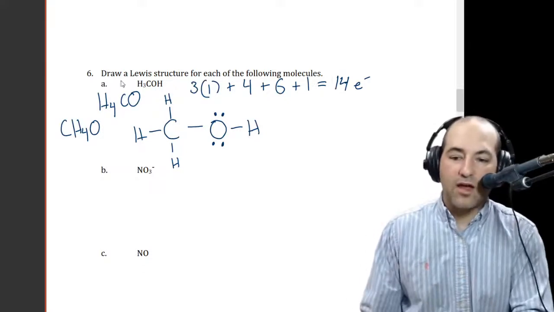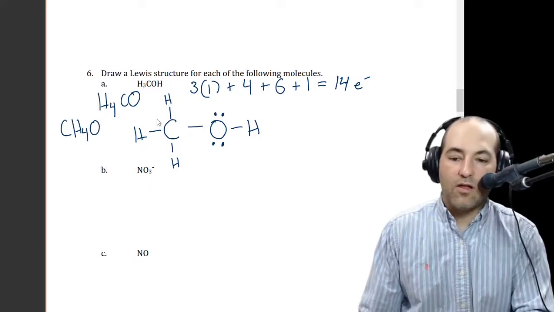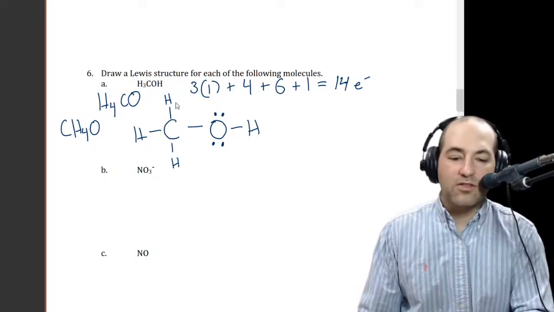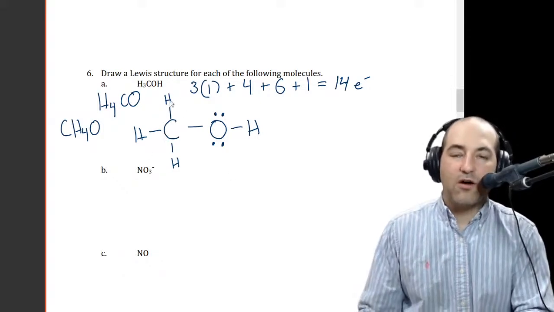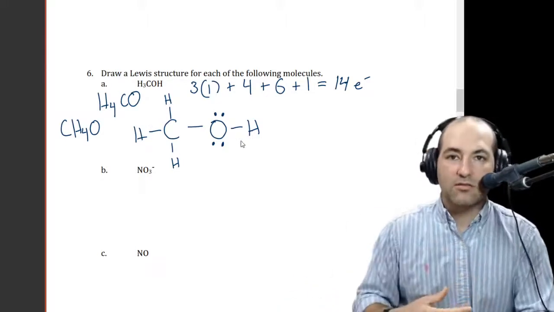So I just put the three hydrogens together because that's how it was written here, and I put them all on the carbon. But if that didn't work for some reason, like there was too much other stuff already connected there, then that would be our clue that I have to take some of these hydrogens and put them somewhere else.